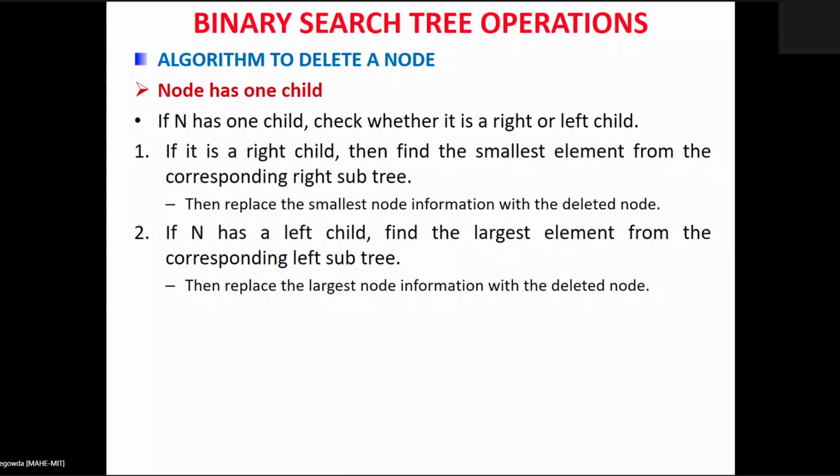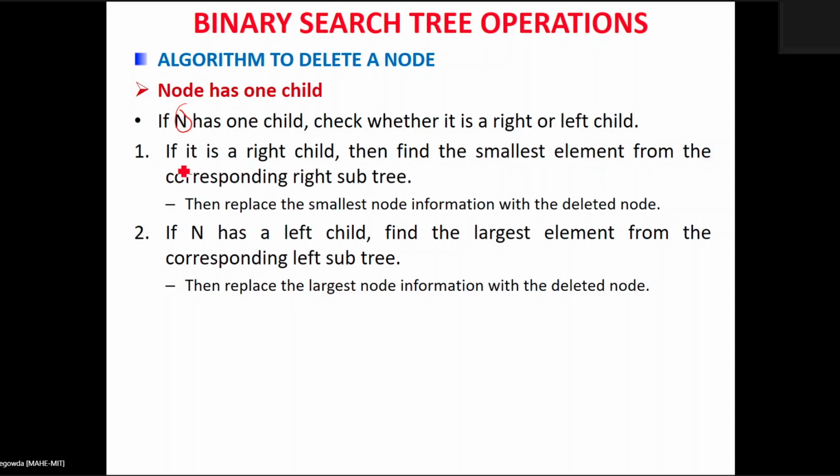Now let us consider the algorithm to delete a node which has only one child. Let us assume that n has one child. The node to be deleted is n here. It has only one child, and you have to check whether it is a right child or a left child.